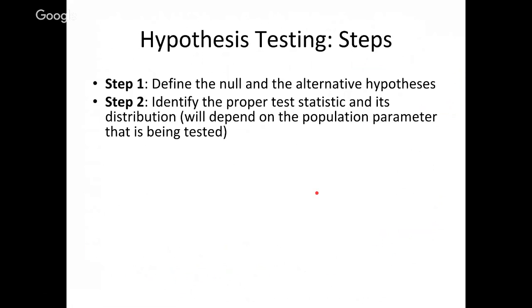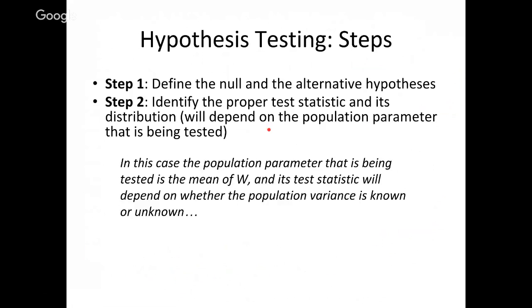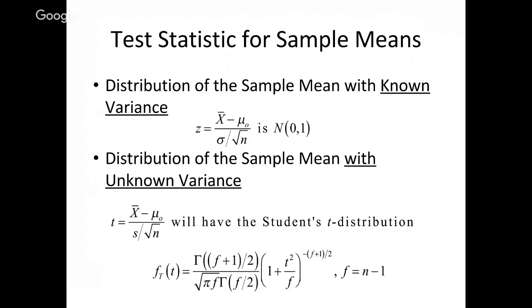Okay, so we've defined the null and alternative hypotheses. We need to identify the proper test statistic and its distribution. We're talking about means here because he's saying that the mean is greater than 1. So we have 2 different possible test statistics for the mean: one with known population variance and one with unknown population variance.